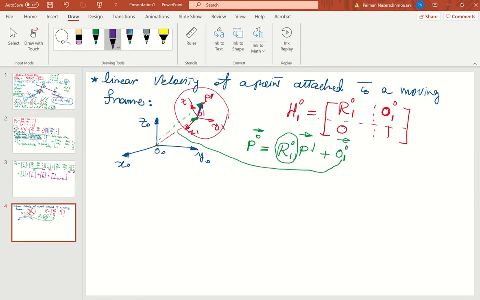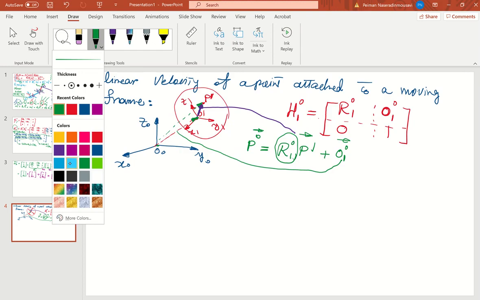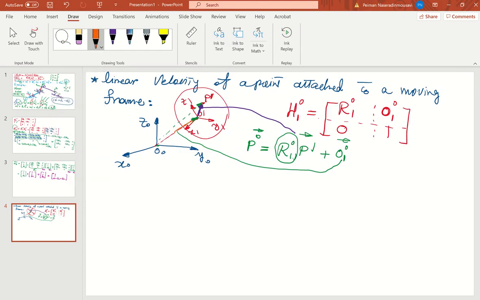This purple vector is this, understand? And this orange one, connecting O1 to O0, is this. So now we can write it like that, understand?